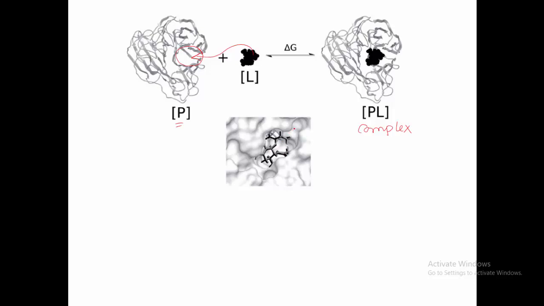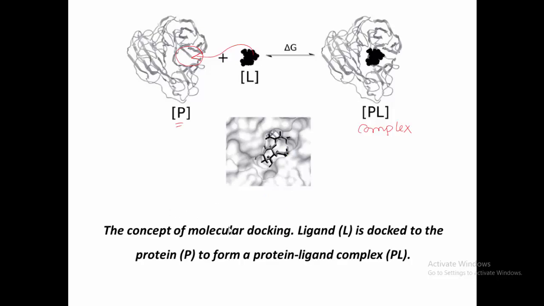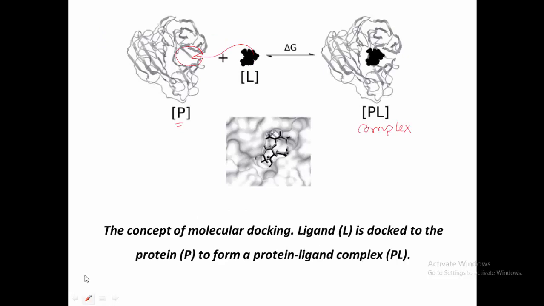If you zoom in, you can see inside it. This is the binding cavity or binding site, and you can see your compound inside the binding site of the protein. L is the ligand, P is the protein, and PL is the complex.